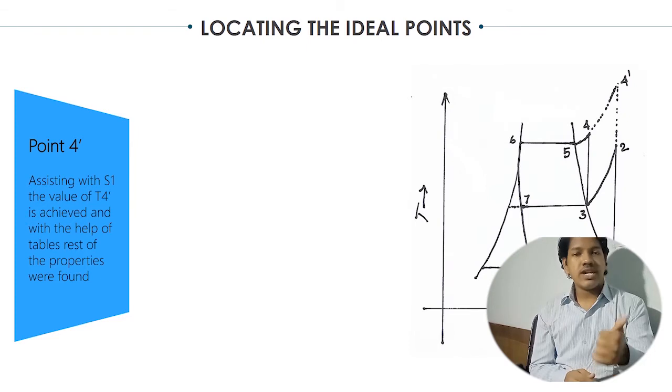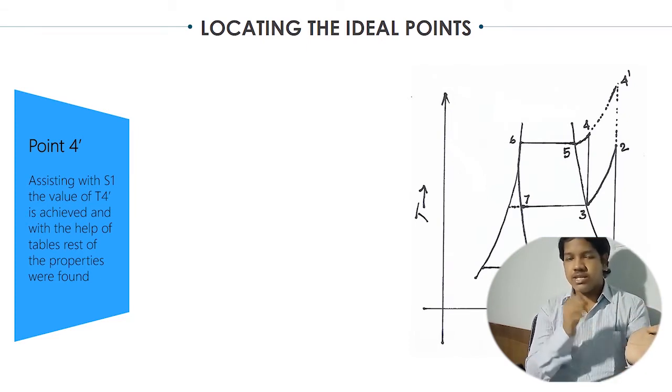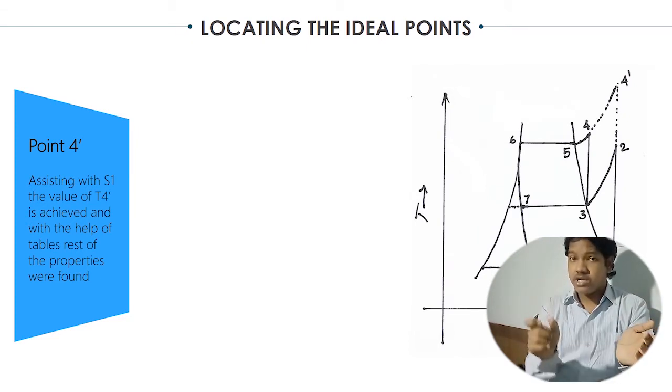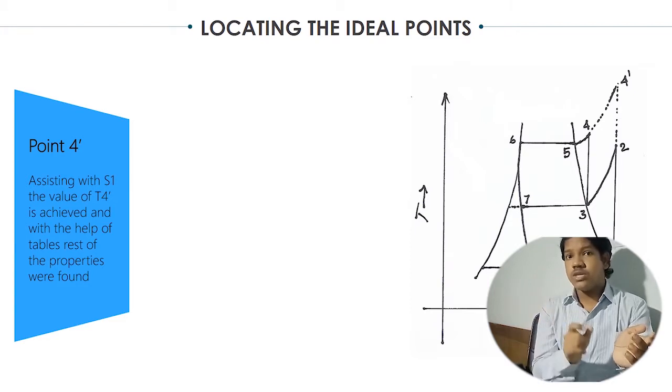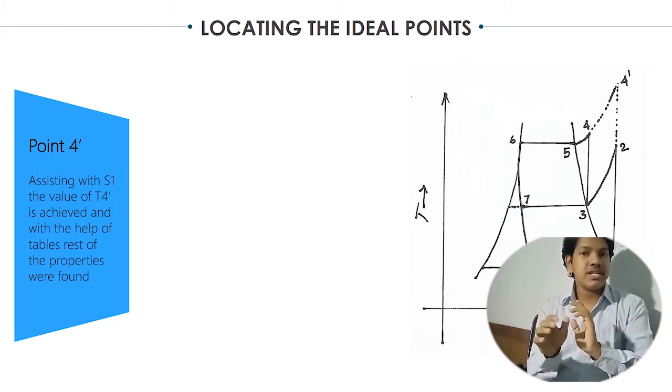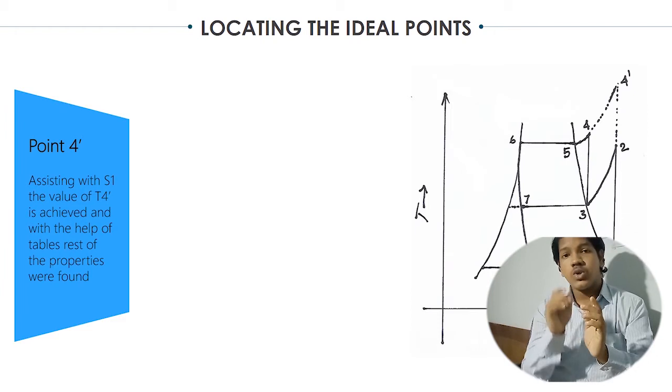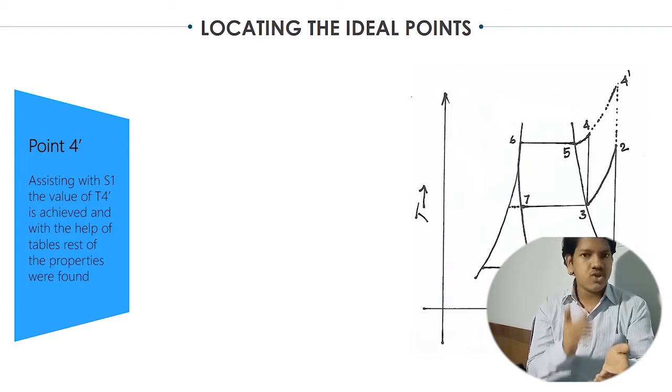With this formula we can calculate H4 dash, that is the enthalpy of the point 4 dash, but for that we need to know T4 dash, that is the temperature at the point 4 dash. We have already got the entropy.